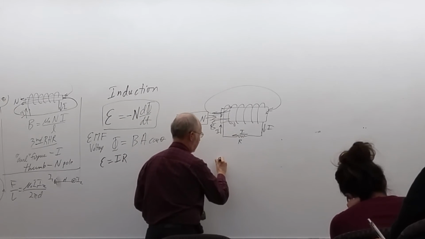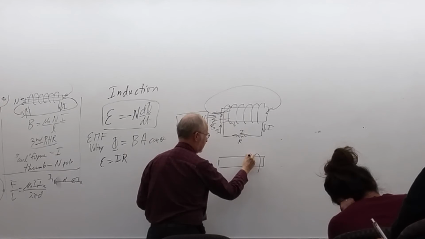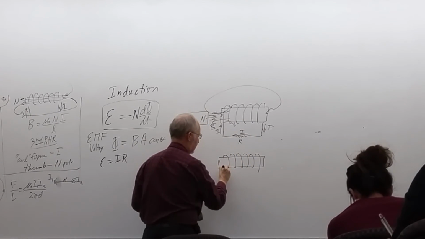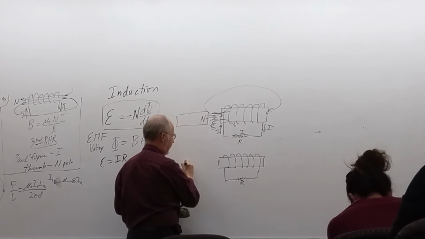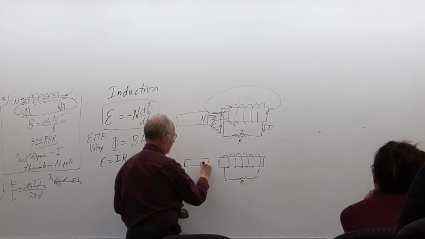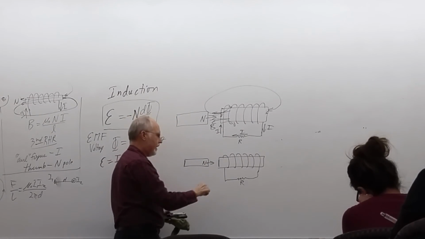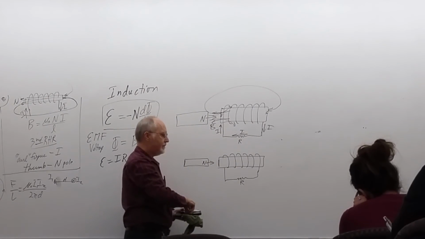Or if the winding was the other direction, and I've got my north pole coming into it. Well, again, it wants to have a north pole to oppose it going to the left.